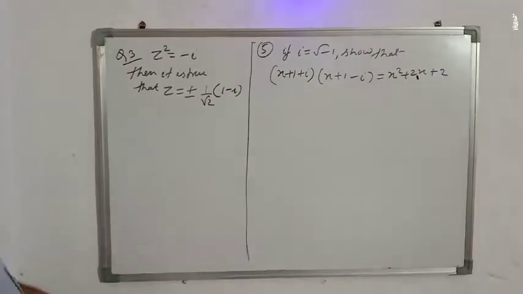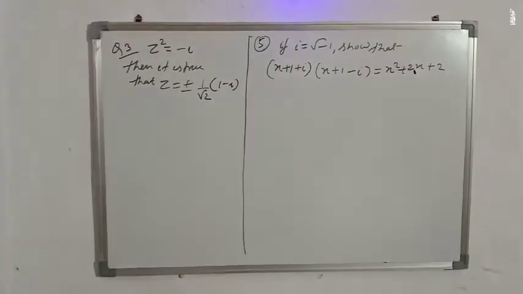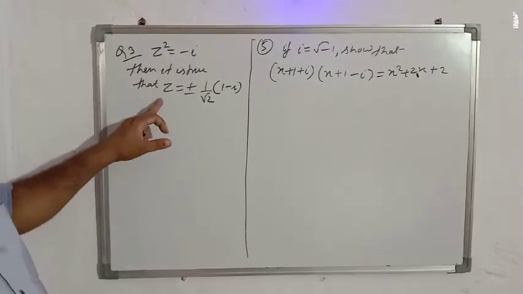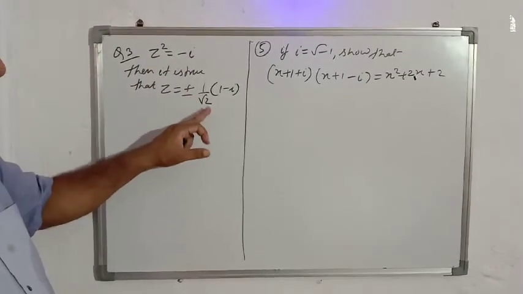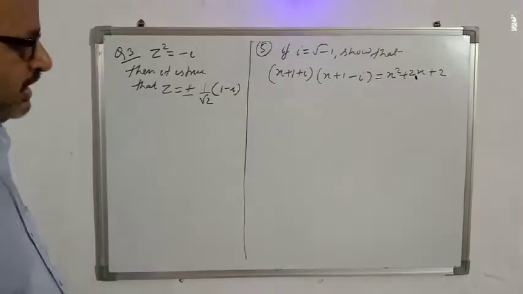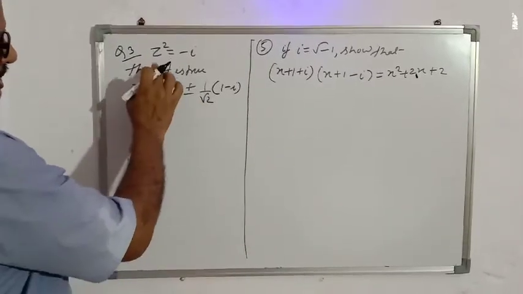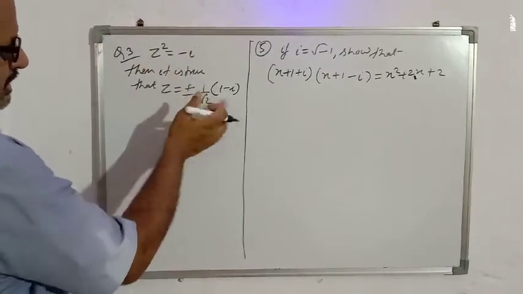This is the question. So if z square is equal to minus i, then we have to check whether z is equal to plus minus 1 by root 2 into 1 minus i. So when it will be true? If it satisfies this equation, then it will be true.